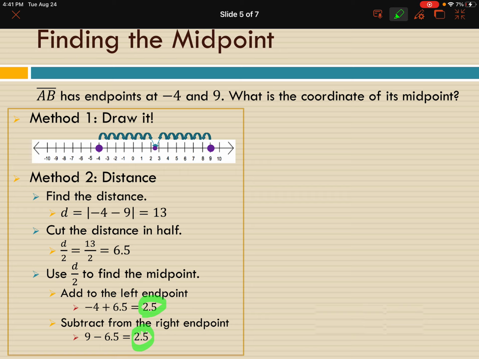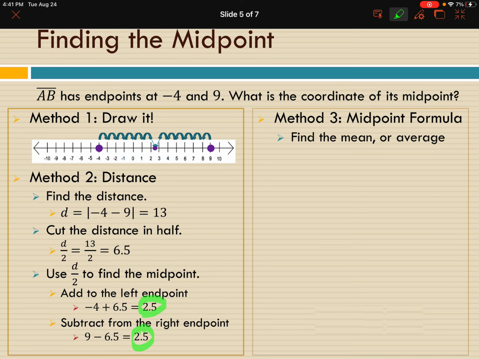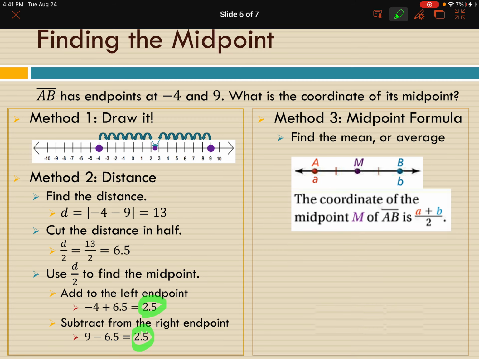In my opinion, both of those methods are a little bit long and convoluted. They both work. They will both work every time, but they're sometimes kind of difficult. This next one, method number 3, is the one that I go to, okay? Method number 3 is labeled as the midpoint formula, but it's not really that fancy, okay? It sounds a lot fancier than it actually is. The midpoint formula just says that we are finding the average of our two numbers.